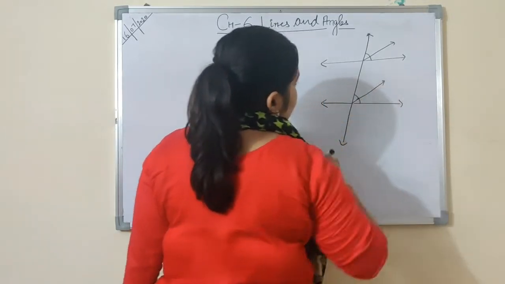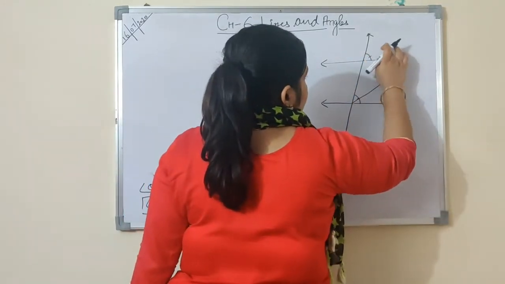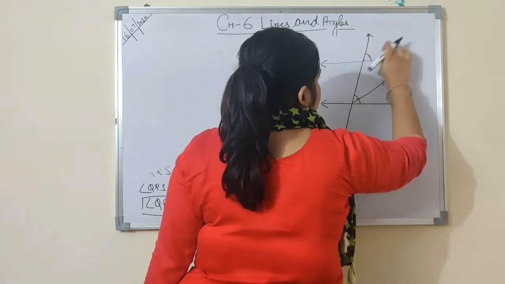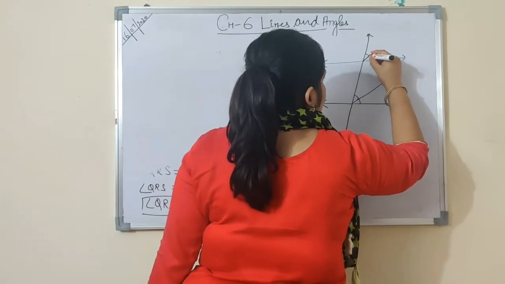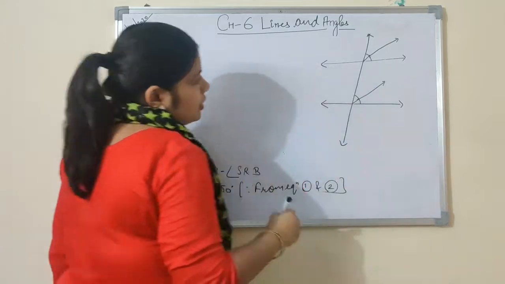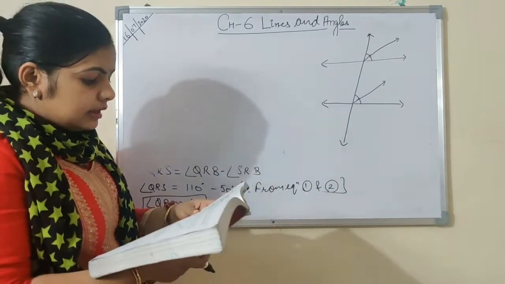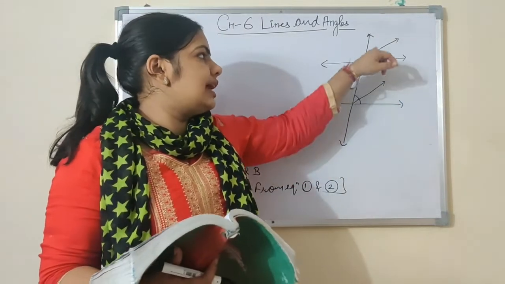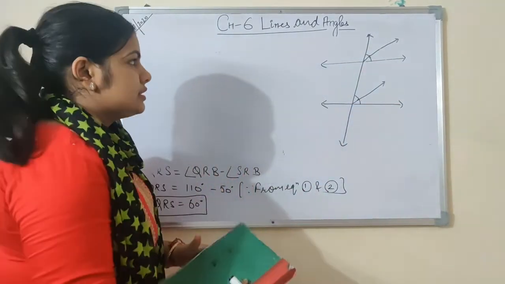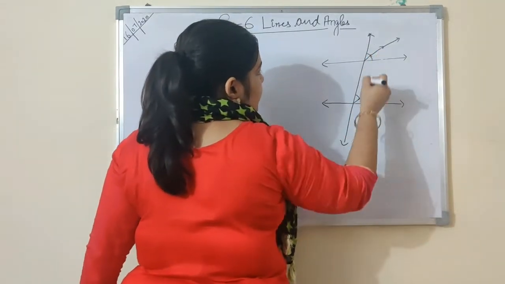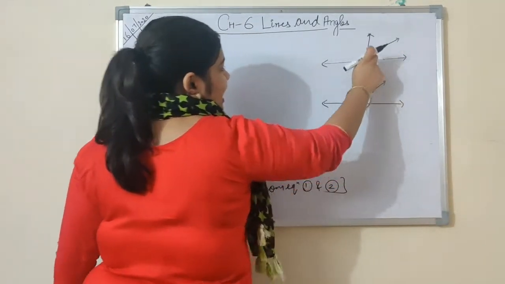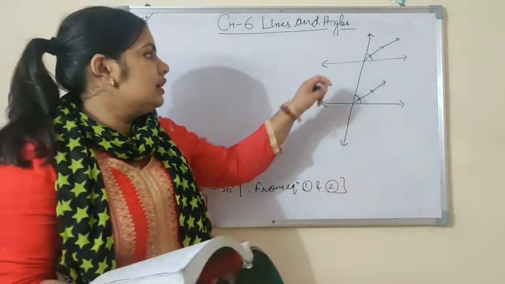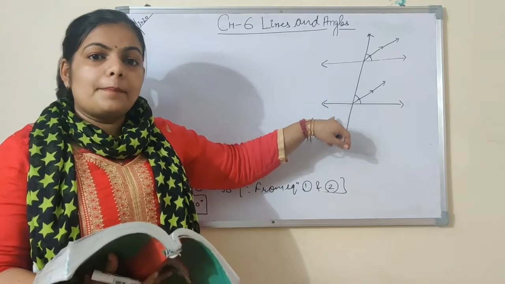Okay. And one more thing is given, that bisectors of corresponding angles are parallel. It is given that these are parallel, and this is the symbol for parallel lines. Is this clear? Then we have to prove that these two lines are parallel.